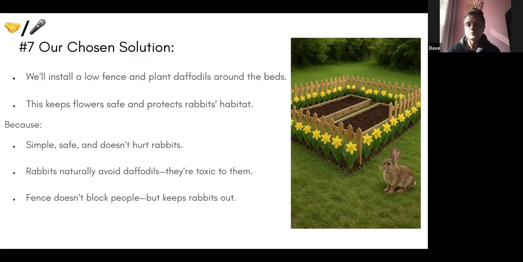And it can't really get over those fences. Okay, we got a little spot so we can get in with safety. Oh yeah, I forgot my width. All right. So it keeps them away, protects them, and it's simple, safe, and it doesn't hurt the rabbit. We don't need to spray, we don't need to hurt the rabbit. They naturally avoid it. They're actually toxic to them.